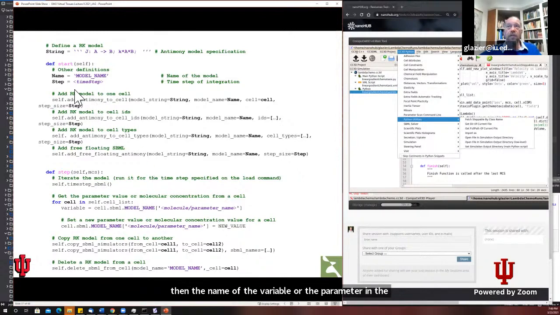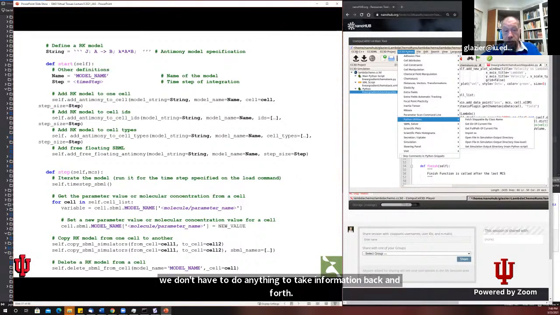If in the Antimony model we had a variable capital A, then that will return the value of A in the internal model. So we don't have to do anything to take information back and forth between the subcellular model and CompuCell. It's available in the form of a dictionary.